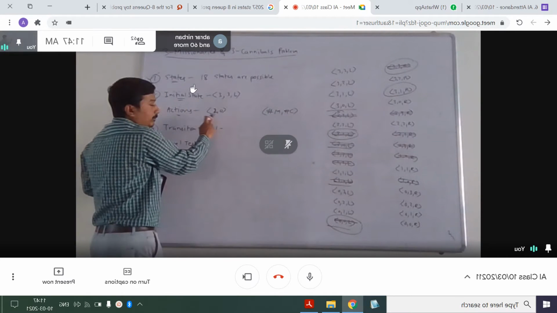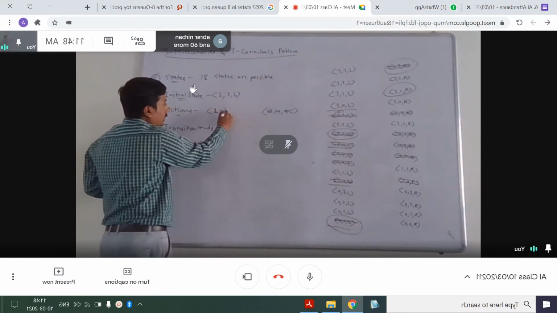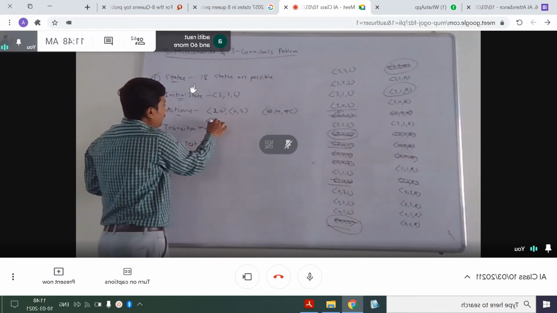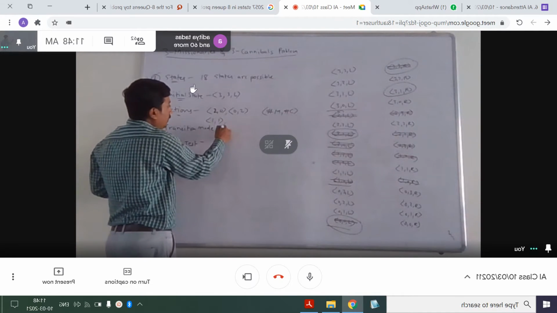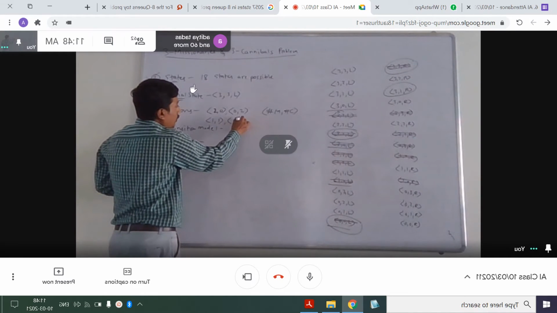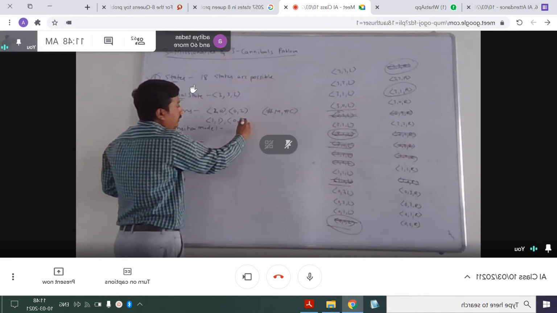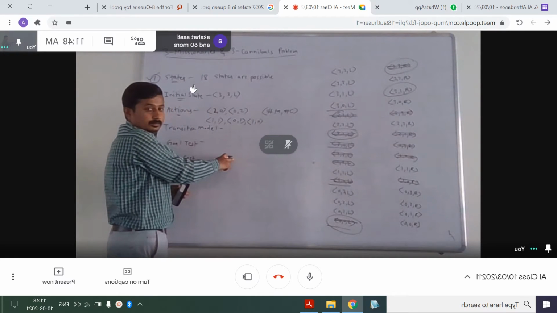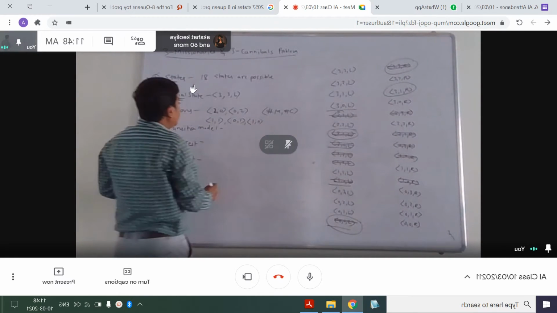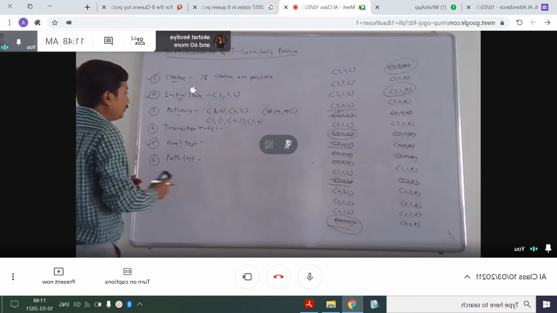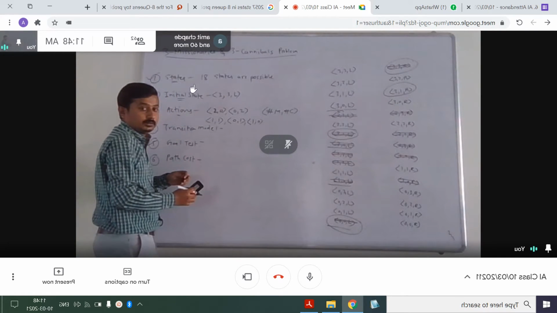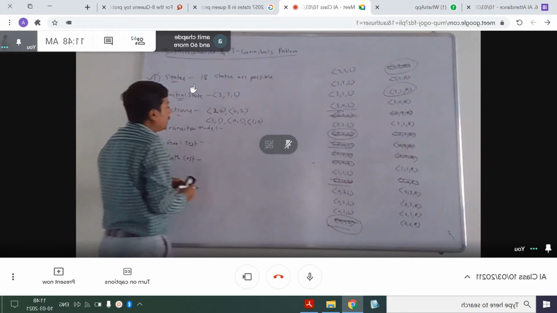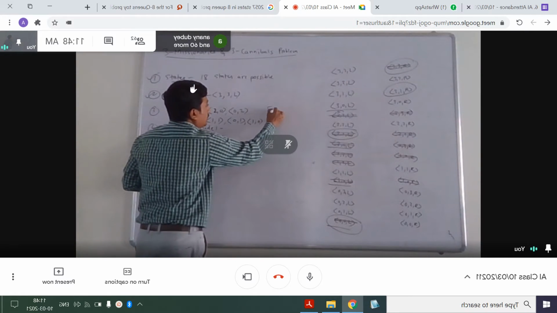At a moment, 2 missionaries can travel, 2 cannibals can travel, then 1 missionary and 1 cannibal can travel, then only a single cannibal can travel, then only 1 missionary can travel, and that's it. So we have a total of 5 possible actions.